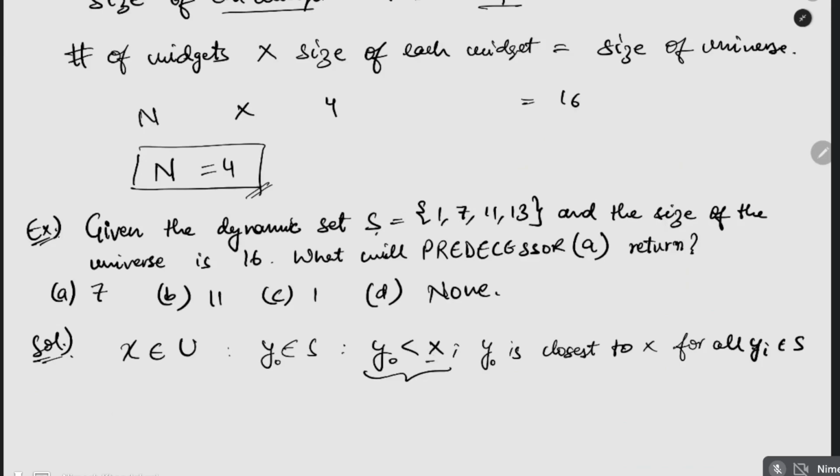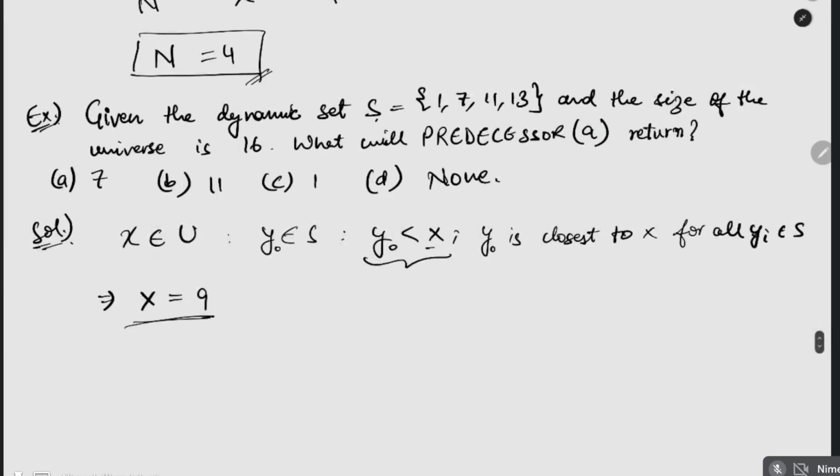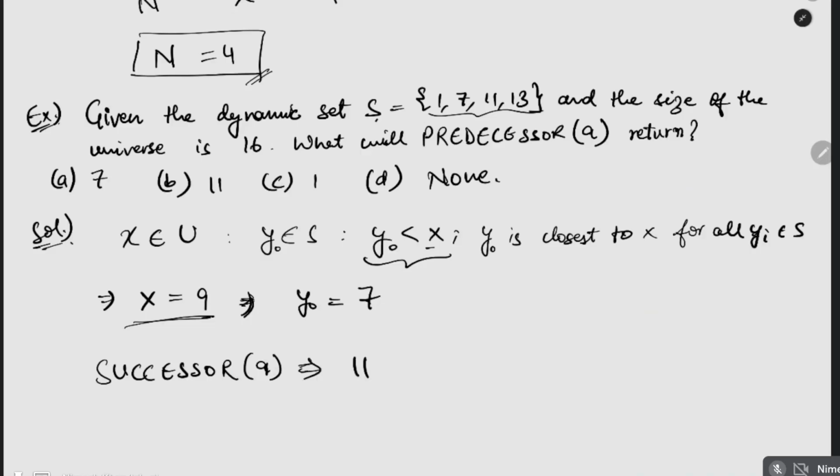For us, x is 9. So which value is the first one that is less than 9, or the value that is just less than 9 in S? That value is 7, because 11 is basically the value that is just greater than 9. If we were doing successor of 9, that would be 11. But the predecessor of 9 is 7.